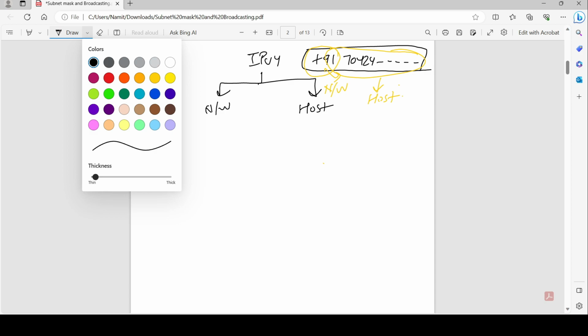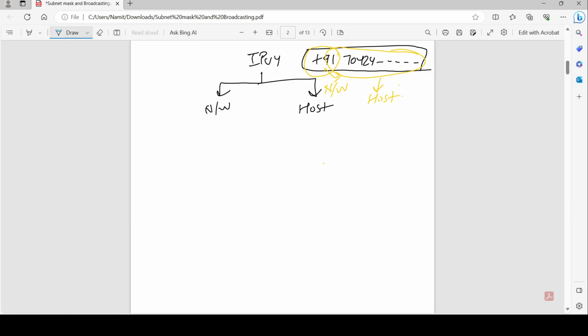Now let's extend the discussion. Questions can pop up in any competitive exam, that for a given IP address, let's say this is my IP address, 192.193.194.195, find the network identifier and host identifier.